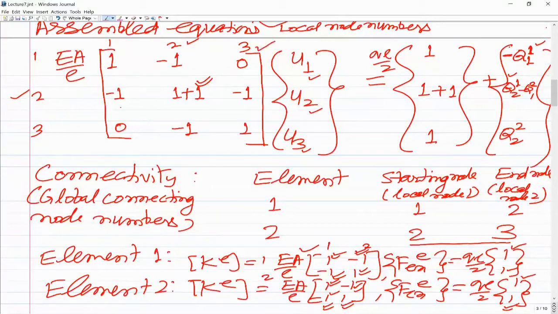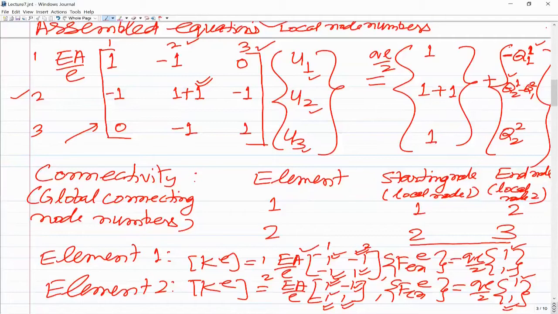When you multiply the second row with u1 u2 u3 and take the second row on the right hand side, that is the second equation. Similarly, the third row gives the third equation. So each equation is a force balance: the first equation is the force balance at node number 1, the second at node number 2, and the third at node number 3.